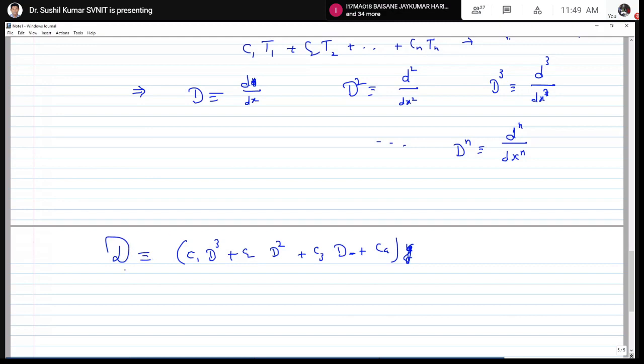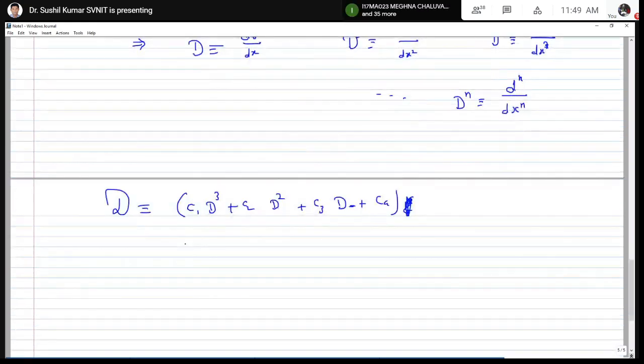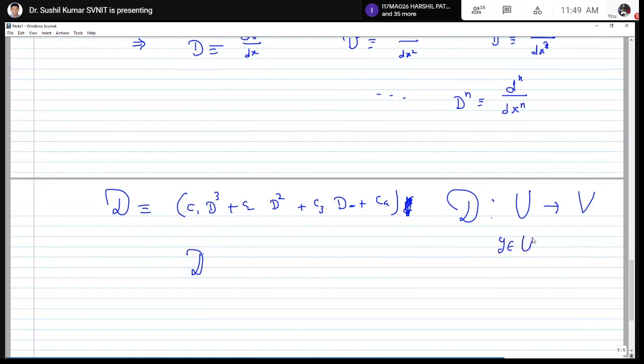Okay, so this capital D will also be linear. Is it okay? So it is an operator, that's why we are not using any variable here, and you can say a function here. It is clear? So this linear operator means this operator is from u to u, not u to v, and we have any function y in this vector space.